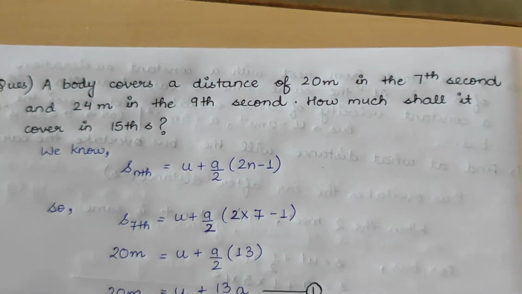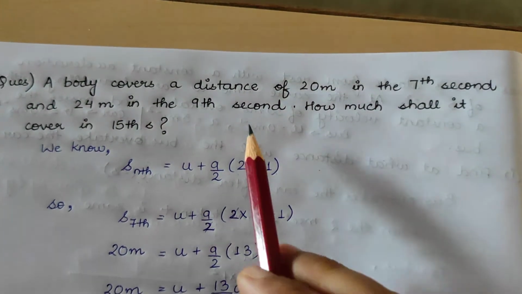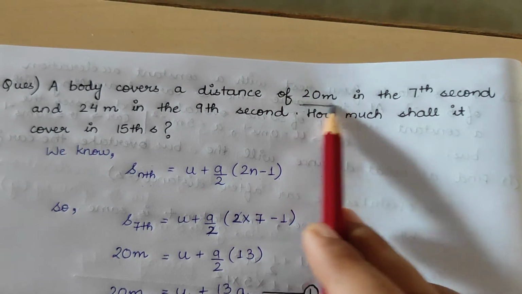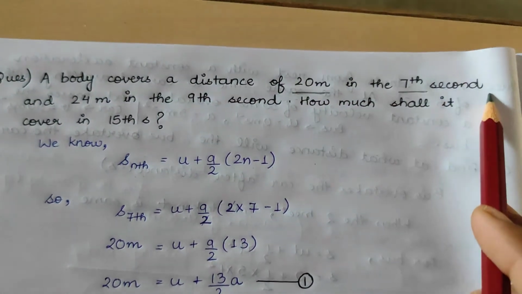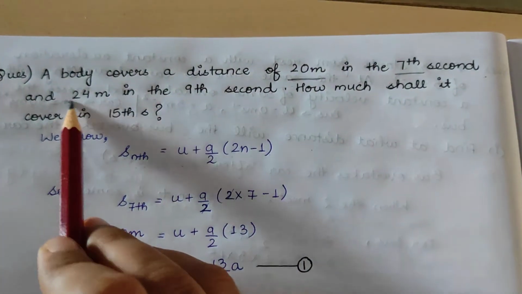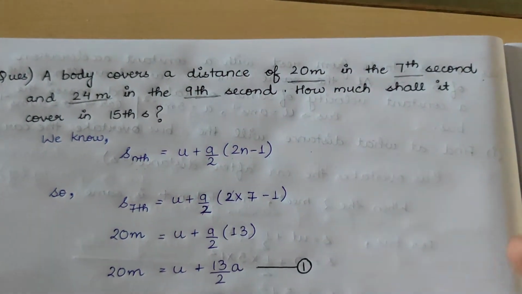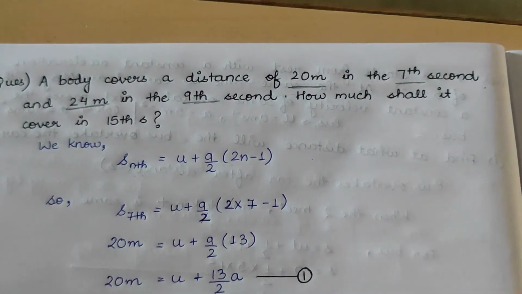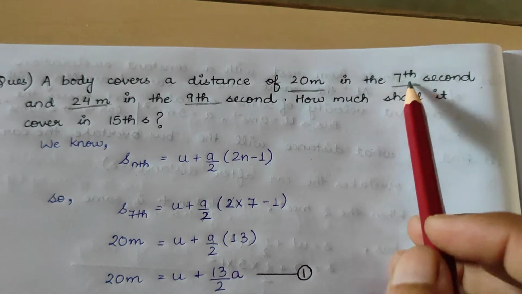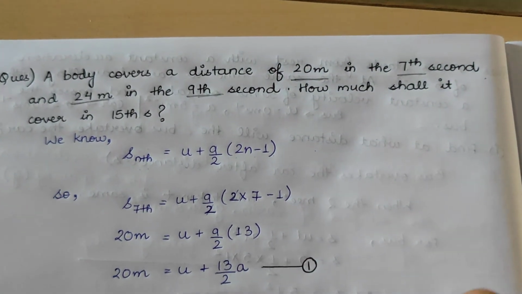What does the question say? A body covers a distance of 20 meter in 7th second, and 24 meter in 9th second. So there are two situations given to us.